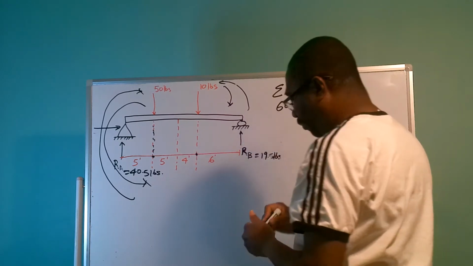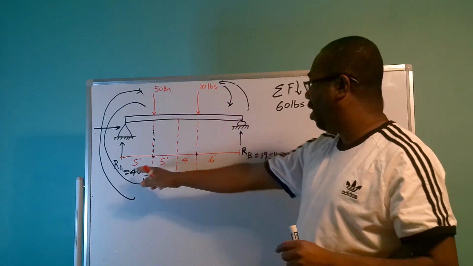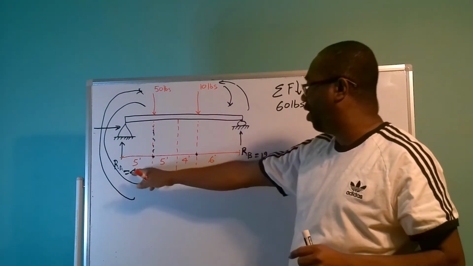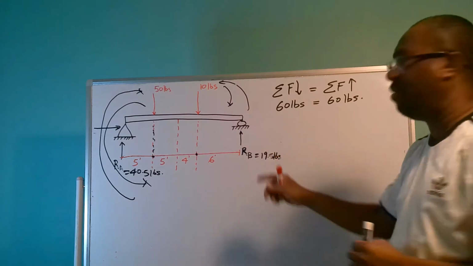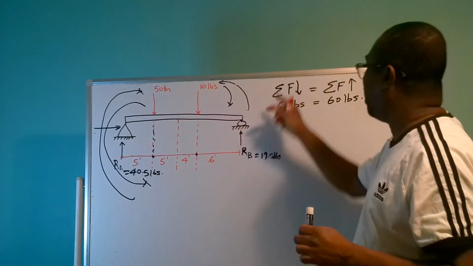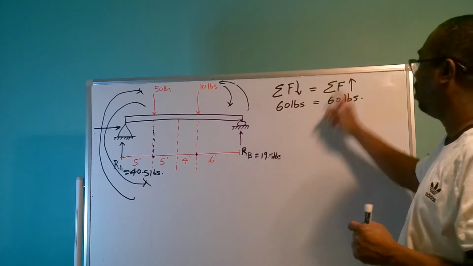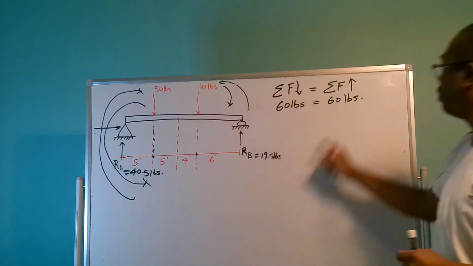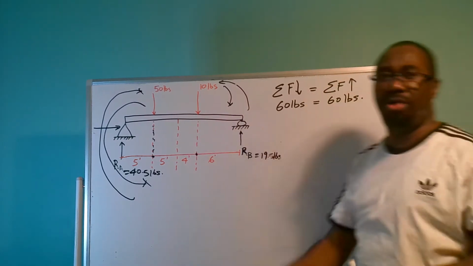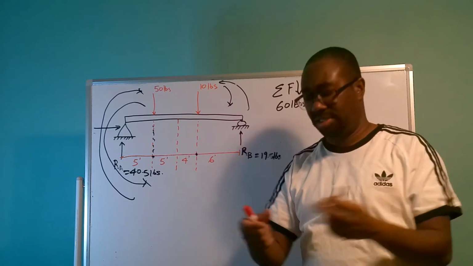So I have just proven to you that my reactions of 40.5 and 19.5 are correct, because the sum of my downward force is equal to the sum of my upward force. 60 pounds coming down equals 60 pounds going up, so our beam is in equilibrium and stable.